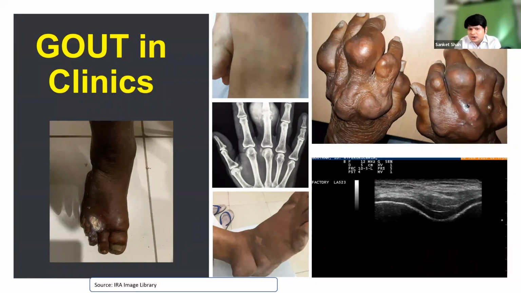If there is a non-oliguric CKD which is going on, the patient has tophaceous gout, the first choice is always you go with the conventional urate lowering agent, right? That is febuxostat or your allopurinol at maximum tolerable dose. If that is not helping, there is a definite role of pegloticase. It is not from the very starting that you see the tophi and you start on that.